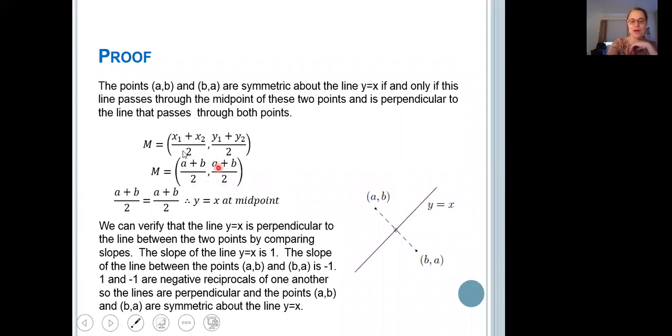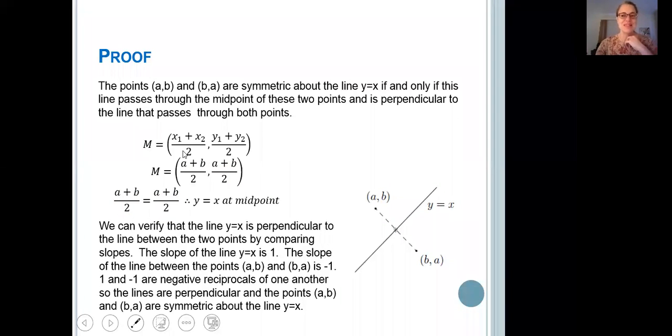We see that (a plus b) over 2 is equal to (a plus b) over 2. And sure enough, our x and our y coordinates are equal at the midpoint of this line. Now, what's that mean? Well, it means that this midpoint is on the line y equals x. It satisfies that condition, y equals x. Okay.